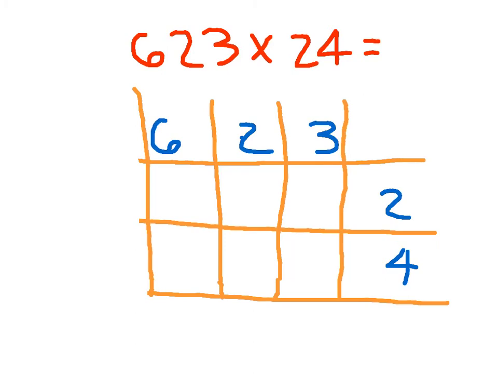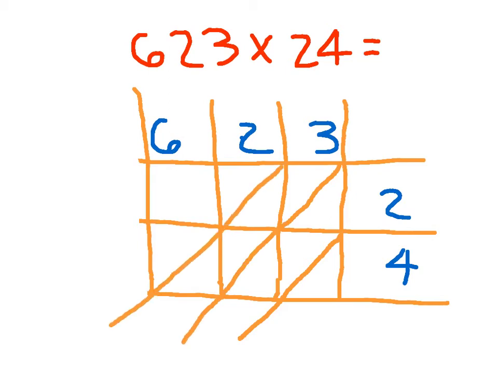As you see, I'm at this step right here, and then we'll go ahead and draw our diagonals. There we go. And we're ready to go ahead and find each of those products.